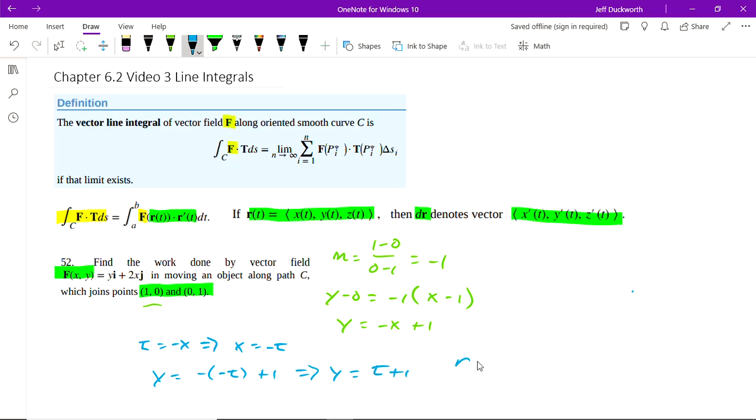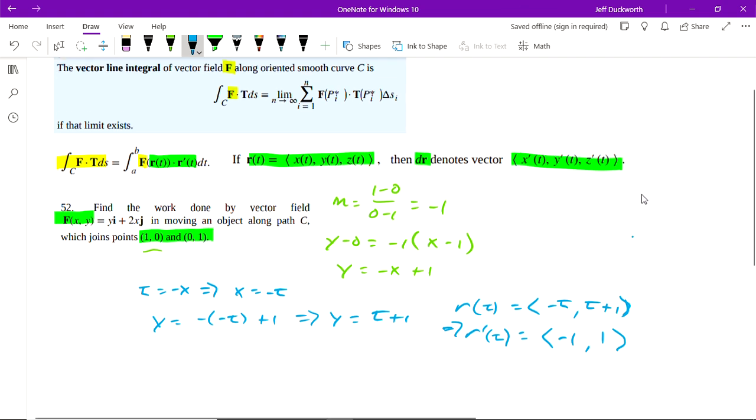So our r of t is going to equal (negative t, t plus 1), which means that our r prime of t, if we just take the derivative of each one, the derivative of negative t is negative 1, the derivative of t plus 1 is 1. So that's what we've got for that.